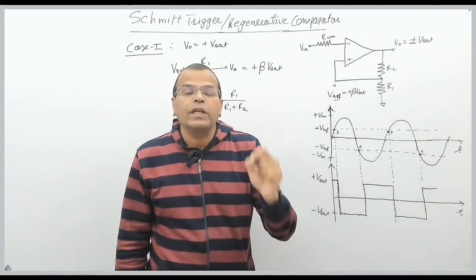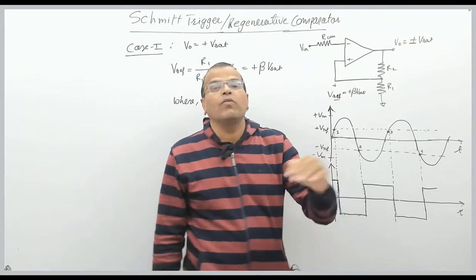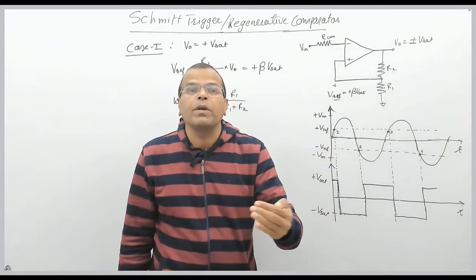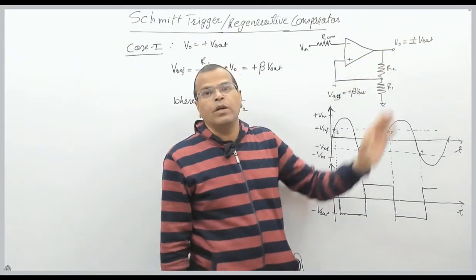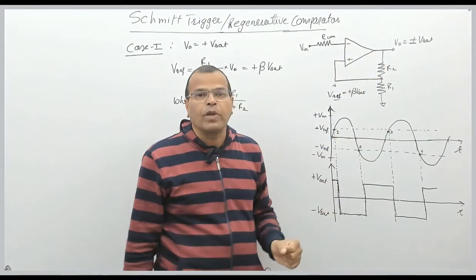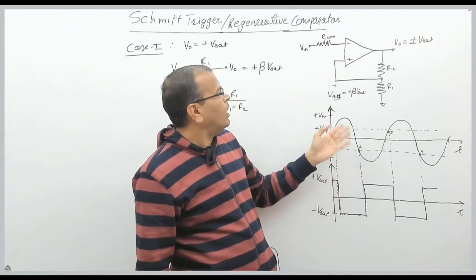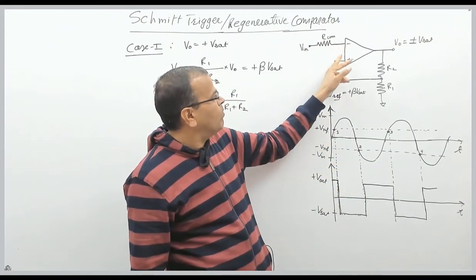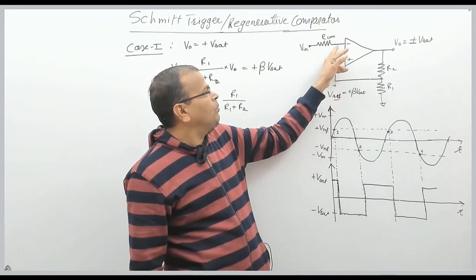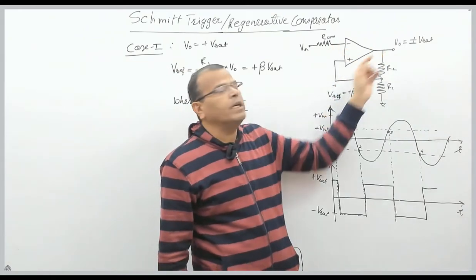So when the voltage at the inverting terminal becomes more than the voltage at the non-inverting terminal, the output will be inverted. The input voltage has become more than this, so when this is positive, output will be negative.